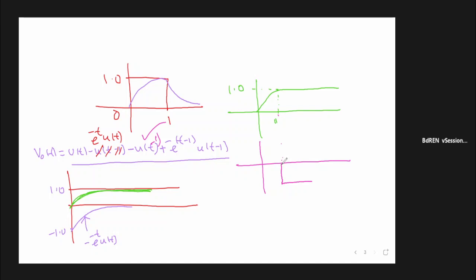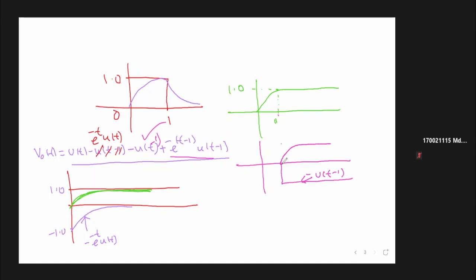This is your e to the power minus (t minus 1) u(t minus 1), isn't it? Yes, sir. Now we have a curve at this point with positive value and it starts at t equal to 1. And what is it? Is it not something like this?